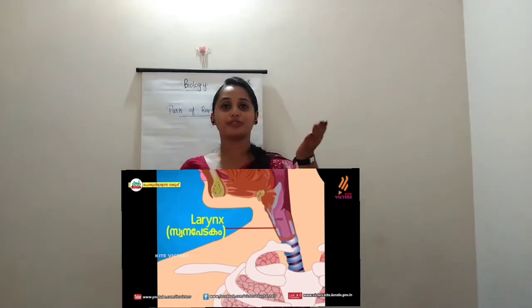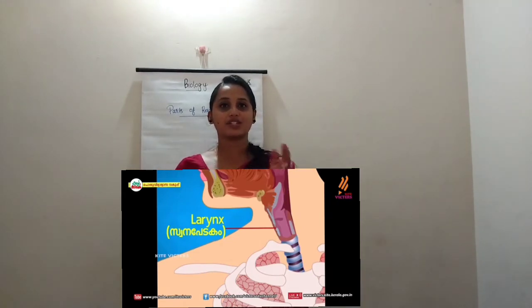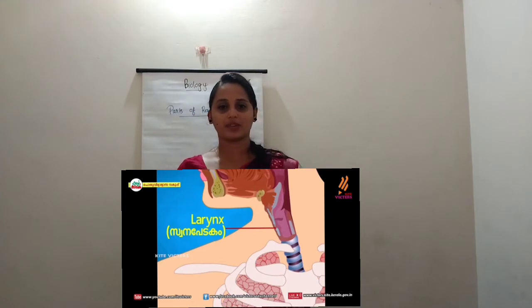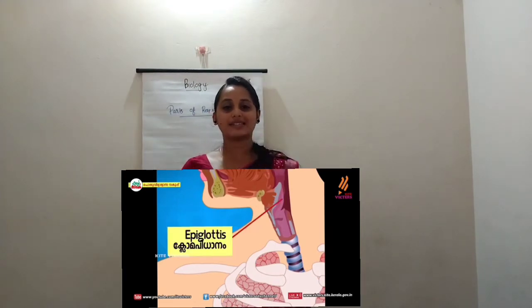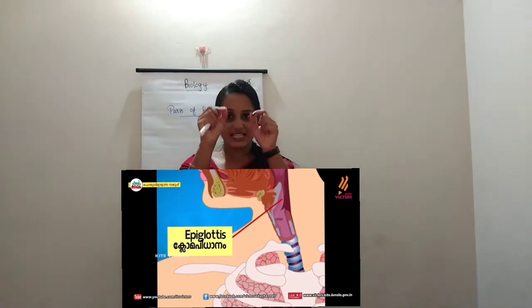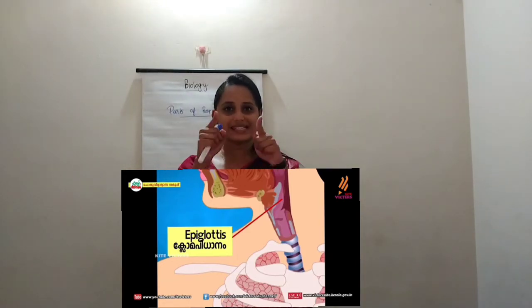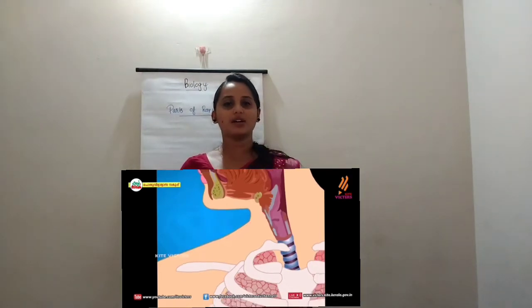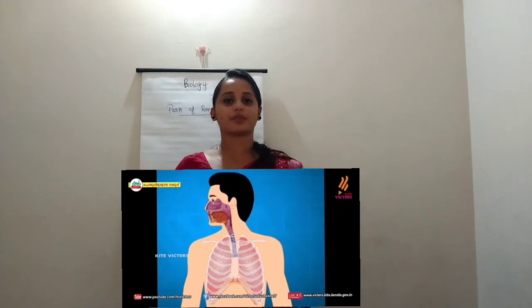The epiglottis separates food and air. And now you can see the cartilages, C-shaped rings present in the trachea.